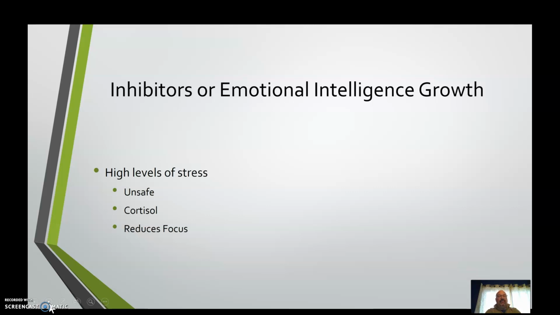So things like high levels of stress, and this is something Travis Bradbury mentioned as being something that inhibits, but also that Richard Davidson mentioned. High levels of stress are created by unsafe environments, and they create a large level of cortisol, and that cortisol keeps students from being able to create those connections and format that learning in their mind.